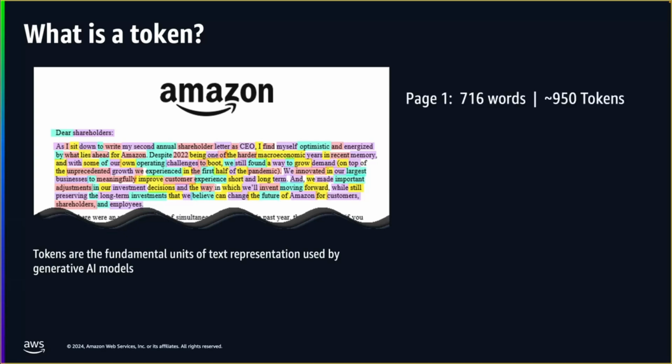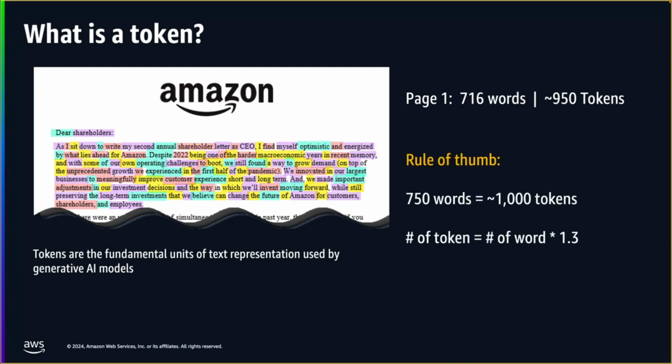If you take one page of Jeff's letter to shareholders, we can see that it's around 716 words, which translates roughly to 950 tokens. So you can have some rough prediction of text to tokens translation.